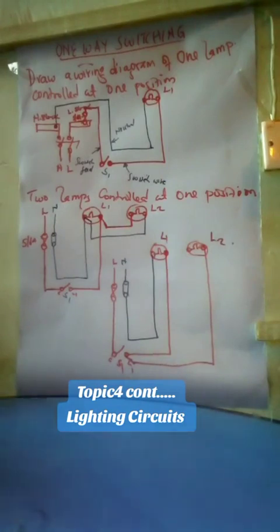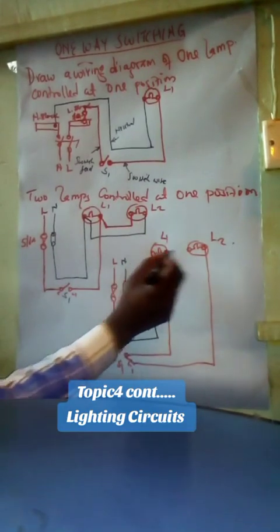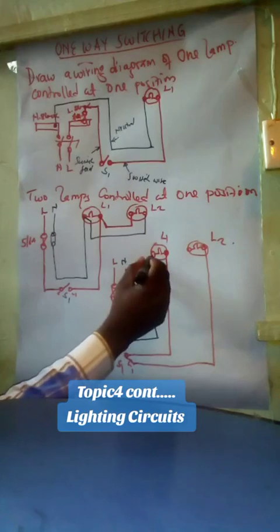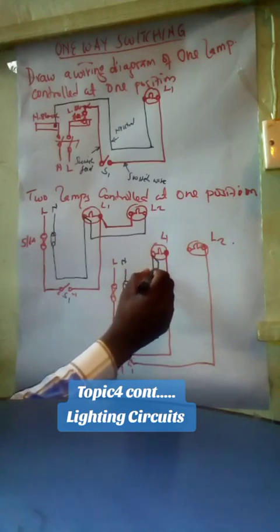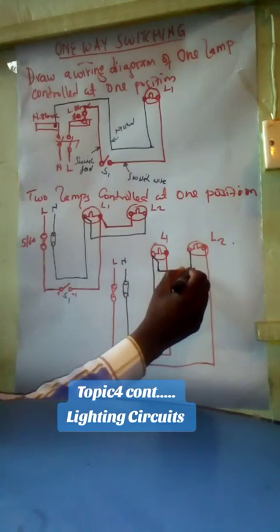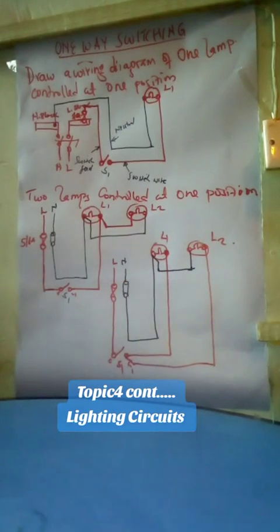Introducing neutral. You can either loop neutral from here or we go down, but we don't have a layout. So we can just draw that one and loop it to that neutral. Okay. So it can also be drawn in that way. Two lamps controlled at one position.